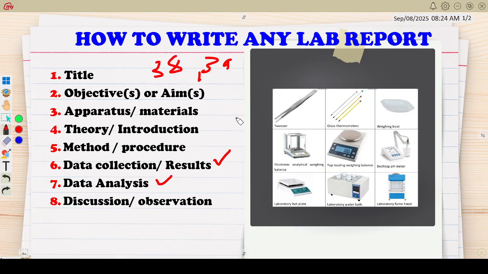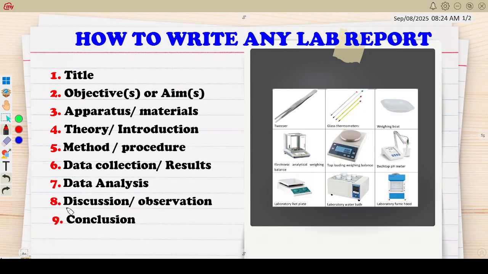Or you are doing measurements on temperature. The normal body temperature is around 37.5, but you find 50. You are going to discuss that this means this person is having high temperature. So you discuss data collection and data analysis. You have to discuss the results.